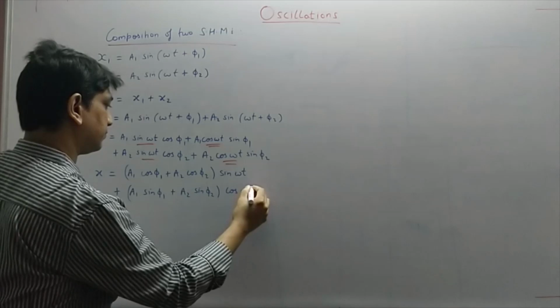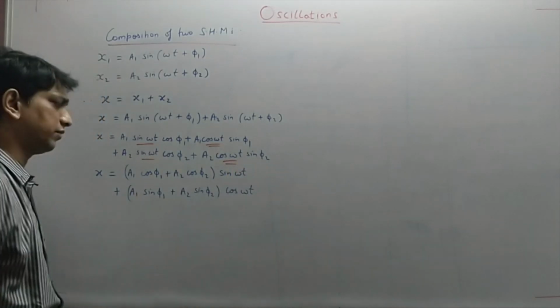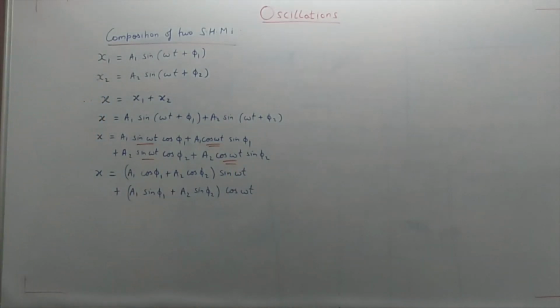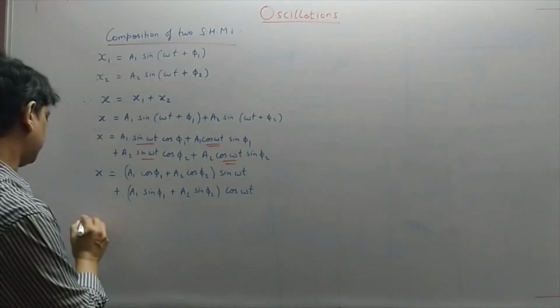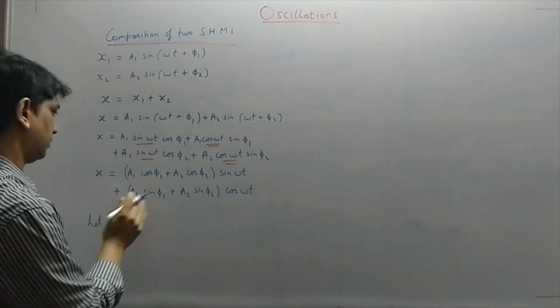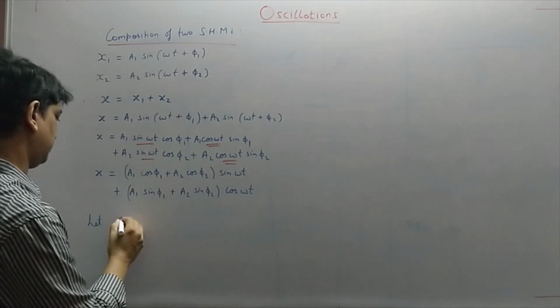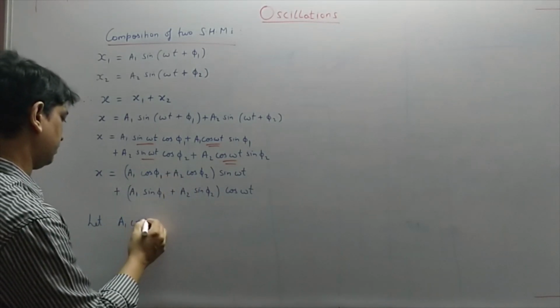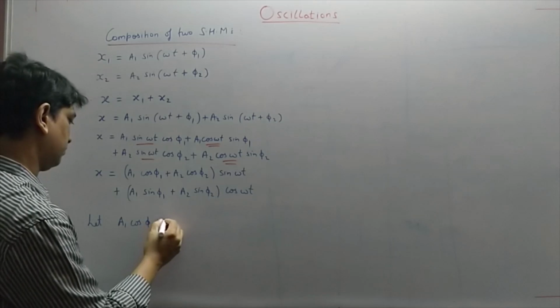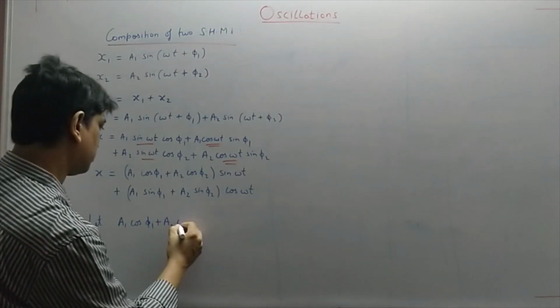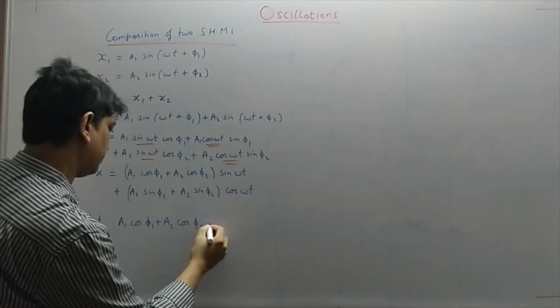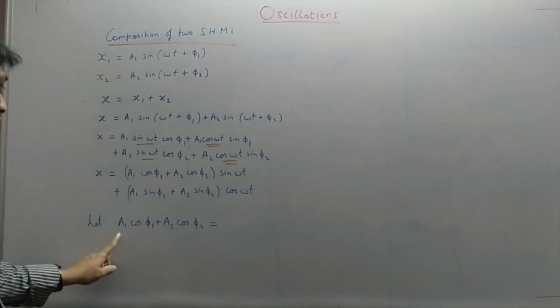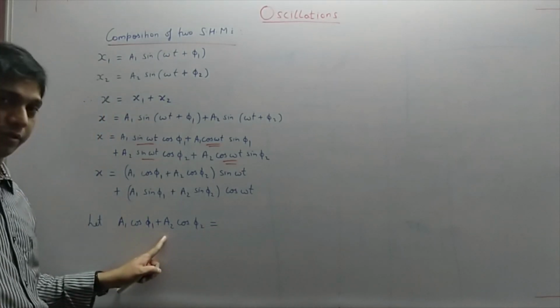Cos omega t. Now here more further we have to assume. You cannot solve this. Now we are taking, let this part a1 cos phi 1 plus a2 cos phi 2 equal to r cos delta. a1 is the amplitude of the first particle, a2 is the amplitude of the second particle.